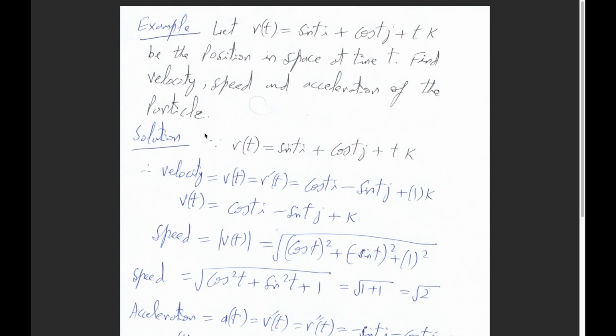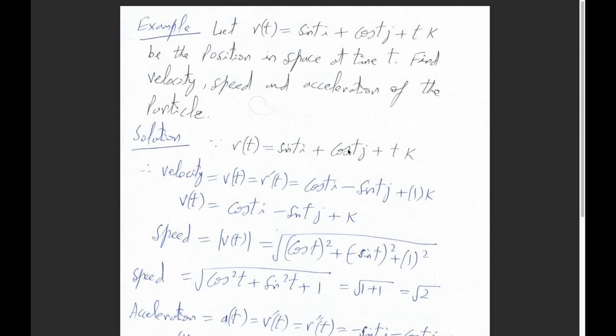For the solution, since our position vector r(t) is given as sine t i plus cosine t j plus t k, and we know that velocity is the first derivative of the position vector, we take the derivative of r of t. So we take the derivative of sine t, which is cosine t.